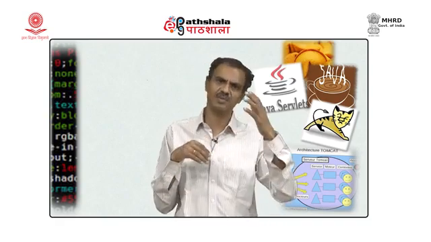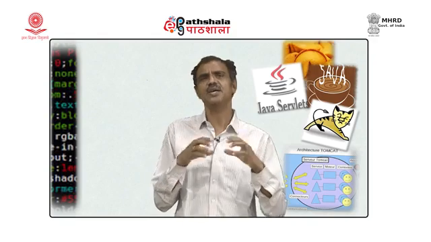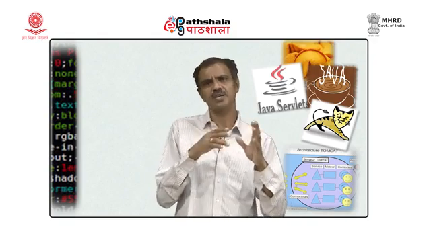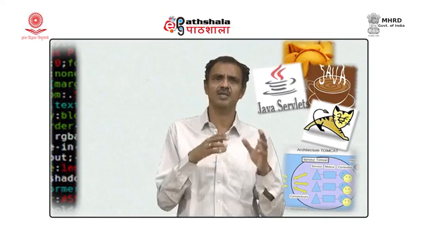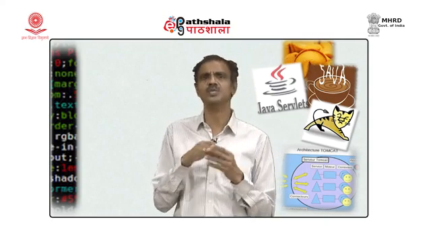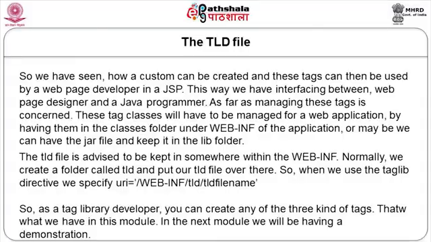This is something which you mention in the TLD file. How the TLD file is to be created, we will be covering in our next module, which will be a demonstration on how to write these three kinds of tags and how to create a TLD file and use them.